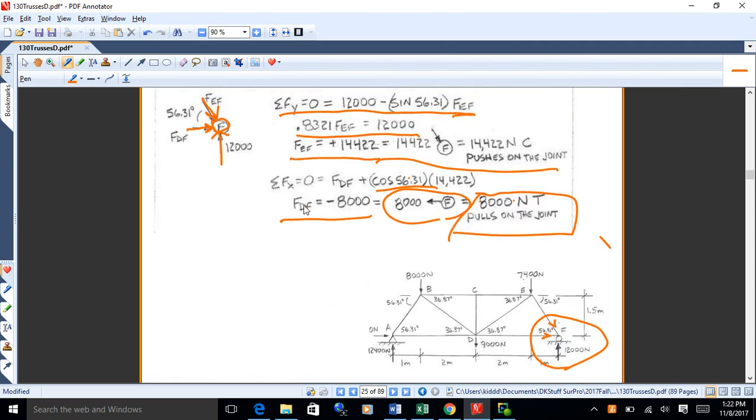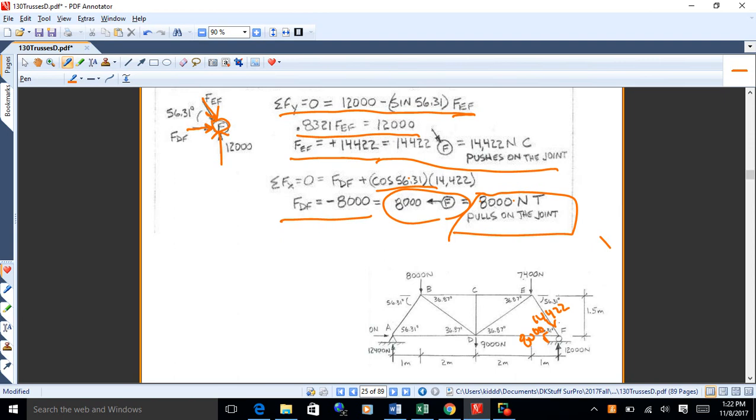So what I found here is that that top arrow is good, but the bottom one isn't. It's actually pulling. And then I've got the magnitudes now, 14,422 and 8,000. And then the other thing is, now what I'm going to do is take those forces and those members and push them out to the other side.